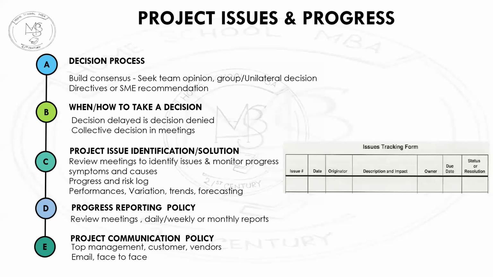The progress is reported in this format, and then in review meetings you discuss the whole progress, and then you identify which particular part of the project is doing well and which is lagging behind, so that proper efforts are made to put the project on the right track. So that is all about project issues and progress, I think.